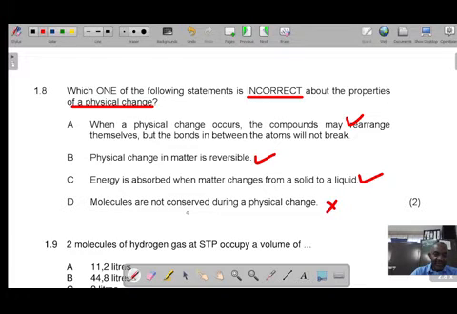However, if you take that ice out of the freezer and put it back in the cup and let it melt, you're going to surely get the same amount, the same volume, in other words, the same molecules of water which you had before. So it means the molecules were conserved in the physical change, which was the phase change in that case. Okay. So the answer here is D. Let us proceed.